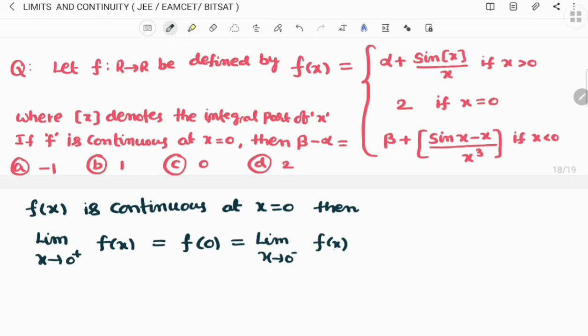So that means the right hand limit, left hand limit and f of 0, the function value at x is equal to 0, we will calculate.